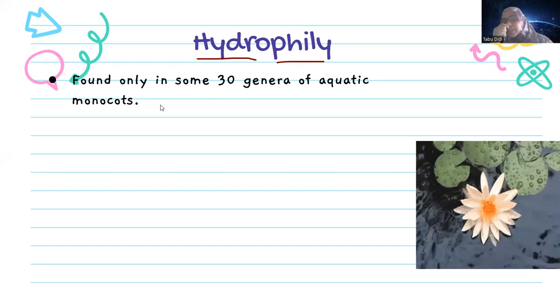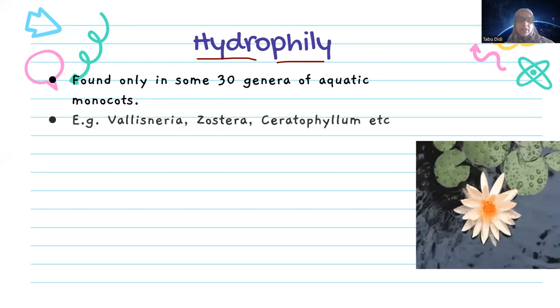Monocots are the ones which produce only one cotyledon, while dicots have two parts, like chana. Some examples you can remember are Zostera, Vallisneria, Ceratophyllum, etc. These are some of the plants that carry out pollination with the help of water.